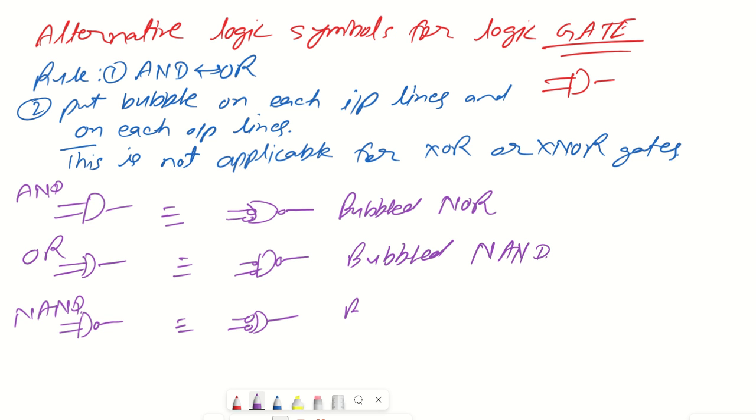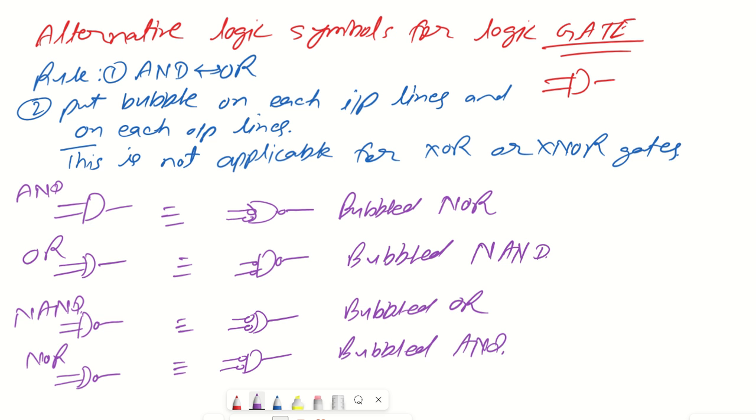So this is going to be a bubbled OR gate. Similar to that, we have one more, NOR. So this is going to be equivalent to AND with no bubble at the output, and the inputs will be bubbled. So it will be a bubbled AND gate. Got it?